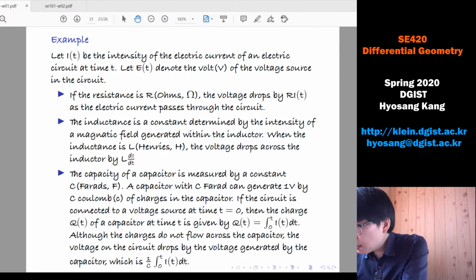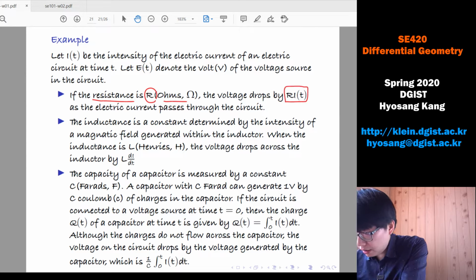So when the current passes through the resistance with coefficient R, or resistance constant R, the unit is ohm, the voltage drops by R times I. R is constant, so this is a function in terms of t.